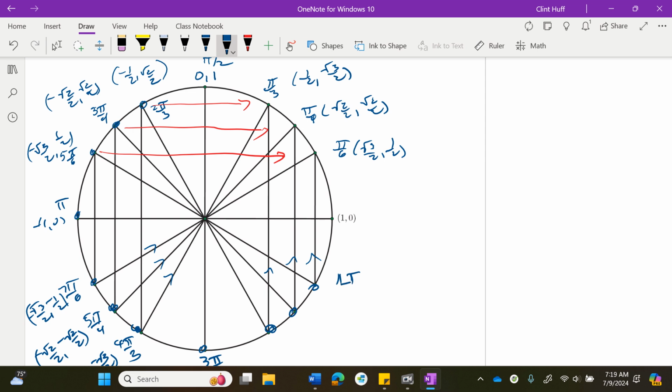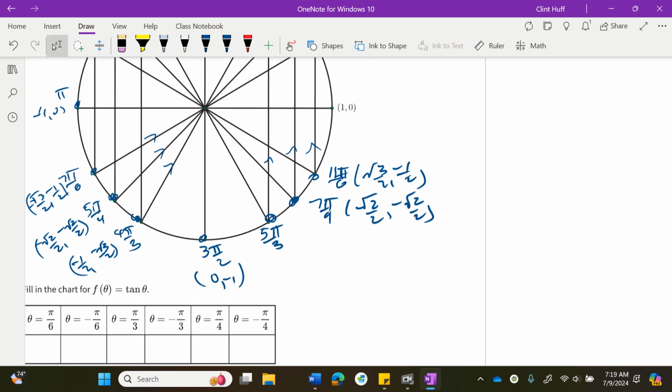This is 11 pi over 6, and that would be root 3 over 2, negative 1/2. We're in the positive, negative quadrant. This is 7 pi over 4: root 2 over 2, comma, negative root 2 over 2. And finally, this is where the 5 pi over 3 is, and that point is 1/2, negative root 3 over 2.